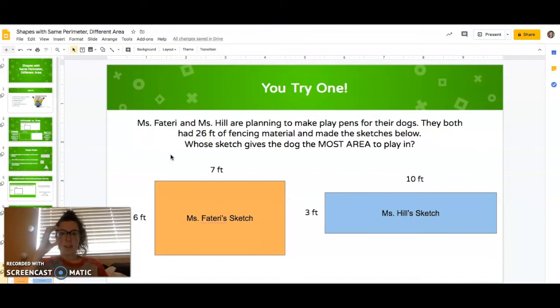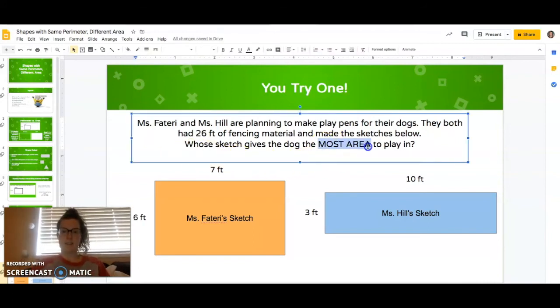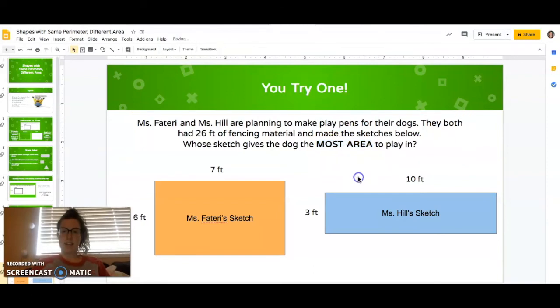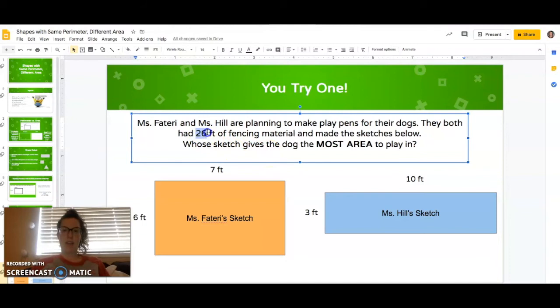Okay, so the problem is asking me to find the sketch that has the most area when I know that they had 26 feet of fencing material, right? So if they're making a fence, they're talking about the outside, right?